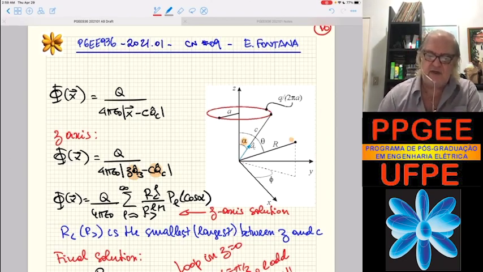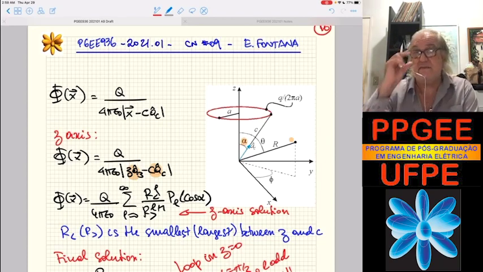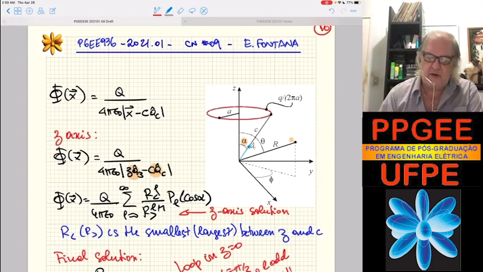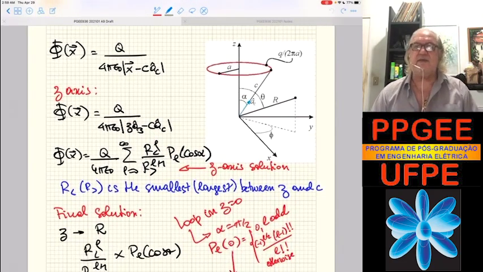So the solution is going to be, in terms of Legendre polynomials, given by this ratio, P_L cosine alpha, right? R smaller over R larger, where these are the smaller or larger between z and c, because you see here, right? What you have is this. So that's the solution on the z-axis.